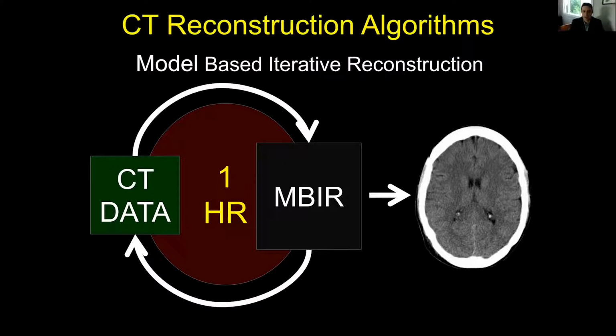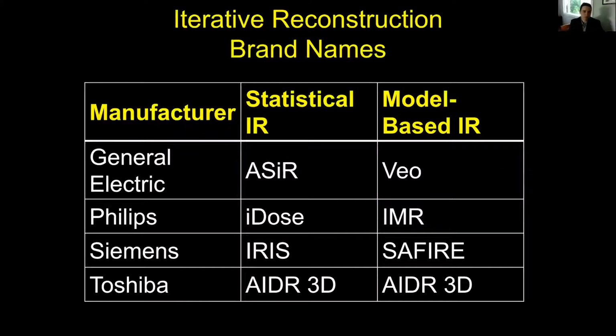That basically, as you advance to the more fancy iterative reconstructions, you get better acquisition of real information, excluding the noise. There are different names for each of these different reconstruction methods depending on what vendor you're talking about, but they do exist for multiple vendors.